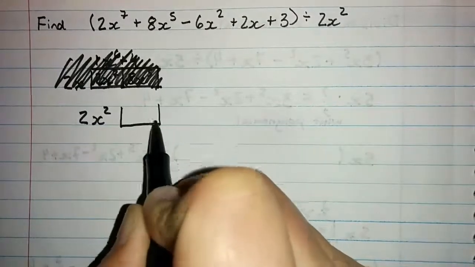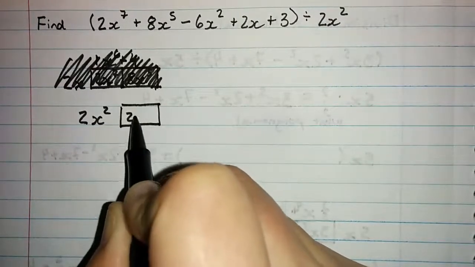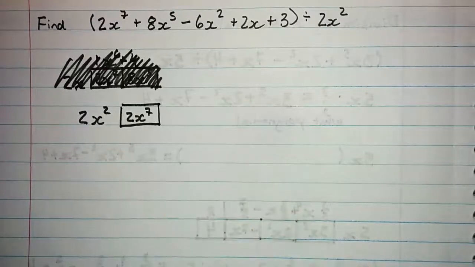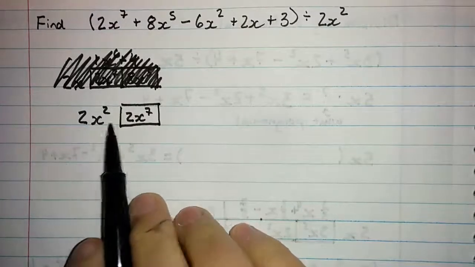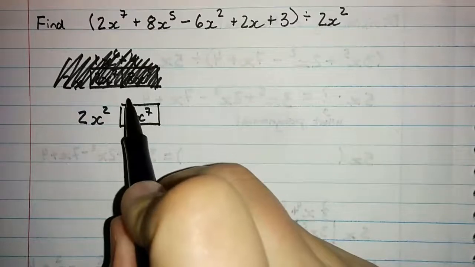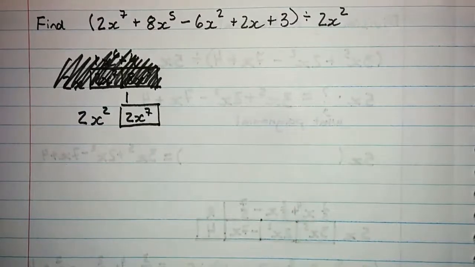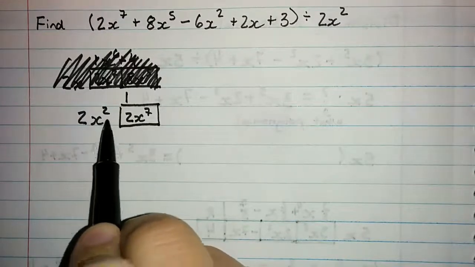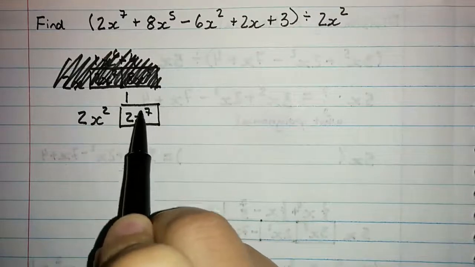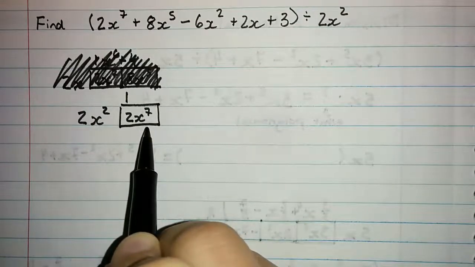So our first term is 2x to the 7th. Well, 2 times what gives me 2? 2 times 1 gives me 2. X squared times what gives me x to the 7th?